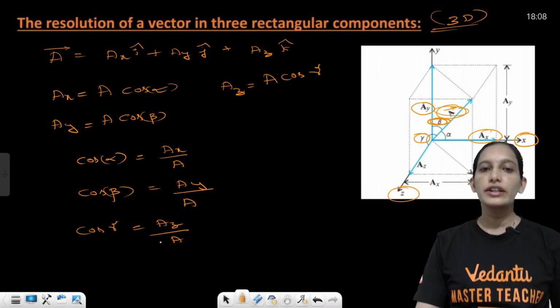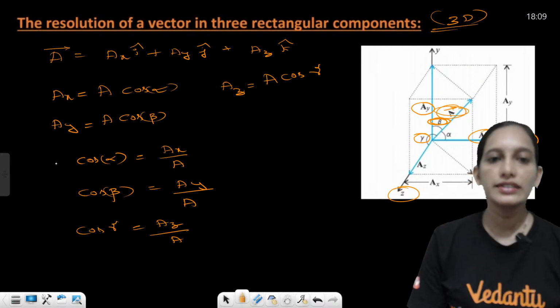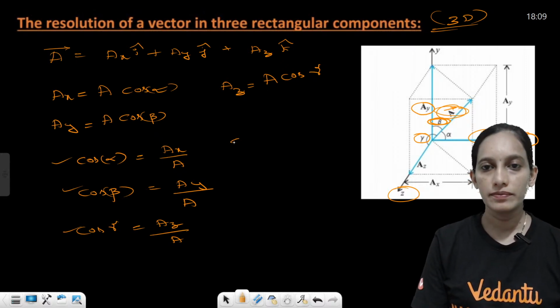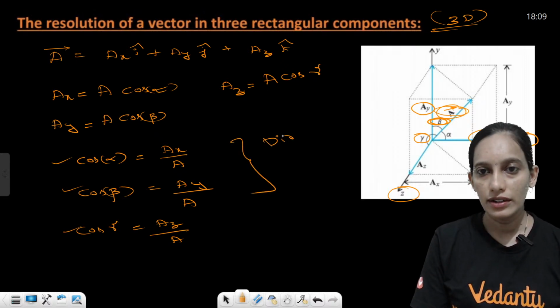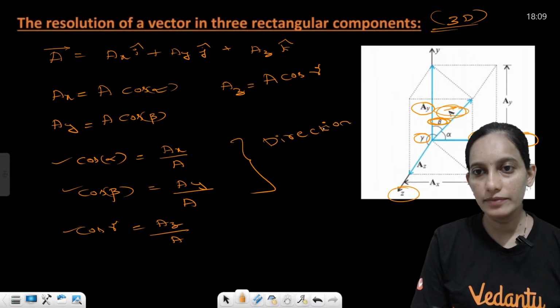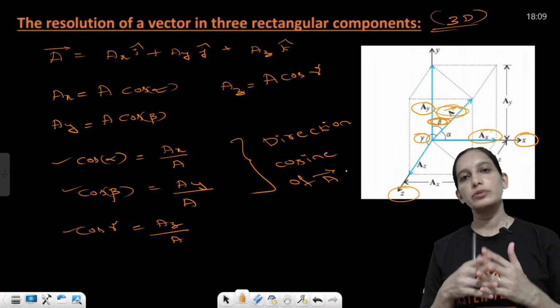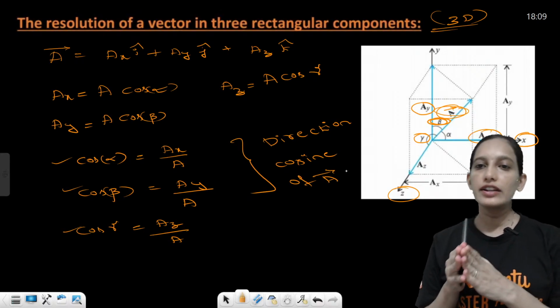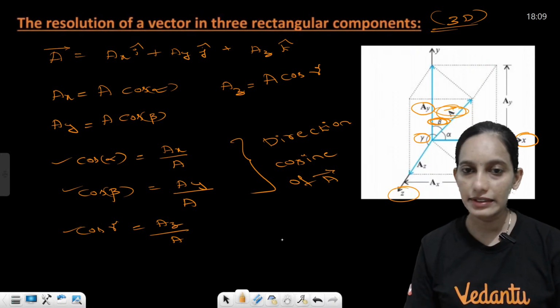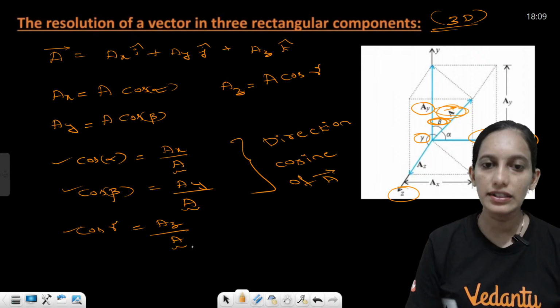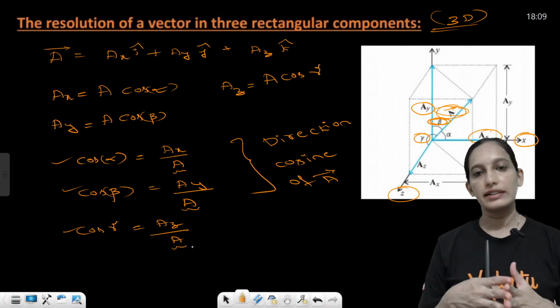Okay, so all these cos alpha, cos beta, cos gamma, we call them direction cosines. We call them the direction cosines of vector a. The denominator a that I have written is nothing but the magnitude of the vector a.